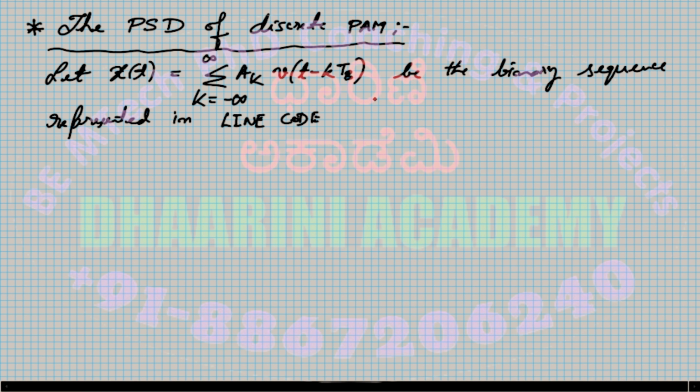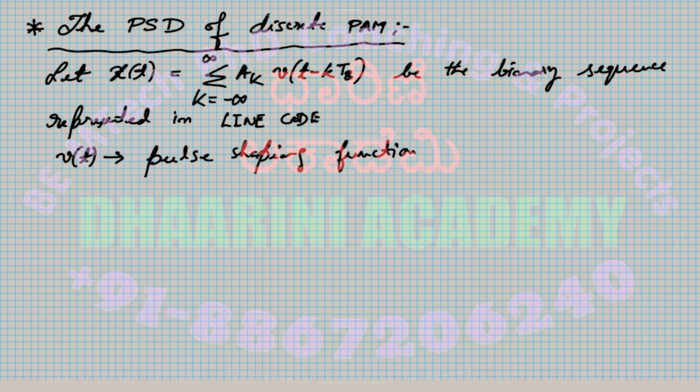Let's look at what we are writing. The v of t is nothing but the pulse shape, or I can call it the pulse shaping function. It depends upon RZ, NRZ, polar, bipolar, unipolar, whatever format it is.